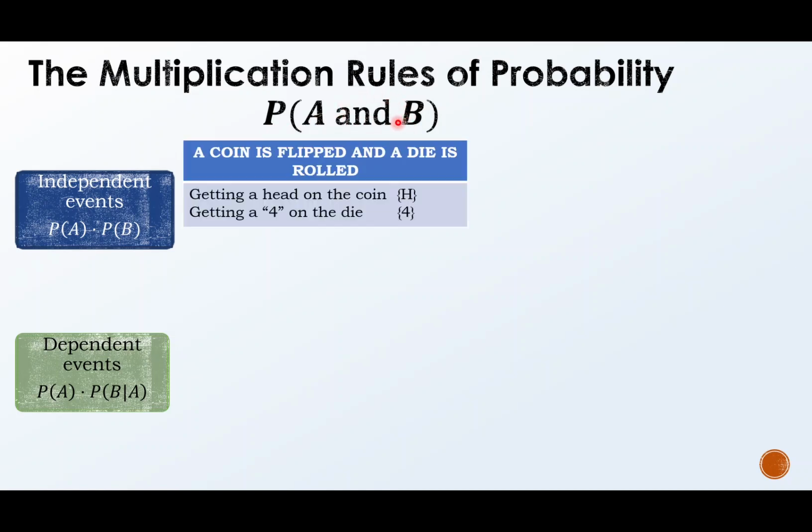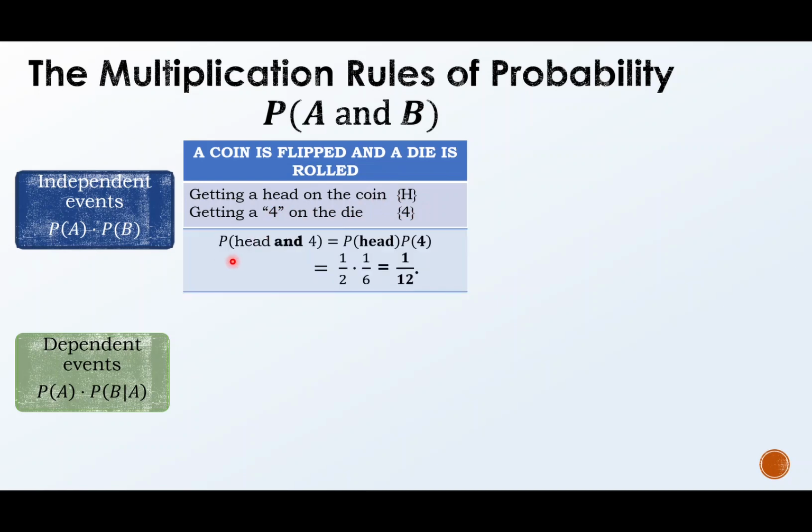Okay, so let's have an example here. Kunwari, the experiment is flipping a coin tapos rolling a die. And the first event, kunwari, is getting a head on the coin, tapos the other event is getting a 4 on the die. So the question is, what is the probability of getting a head and getting a 4?